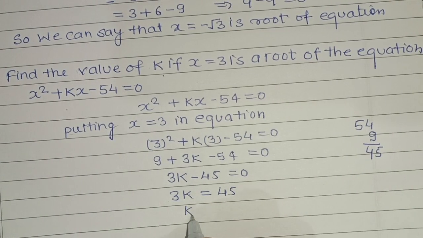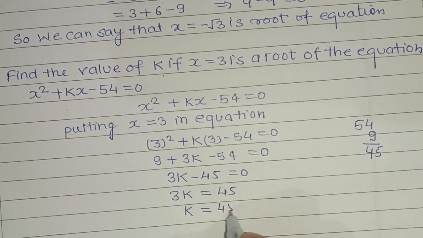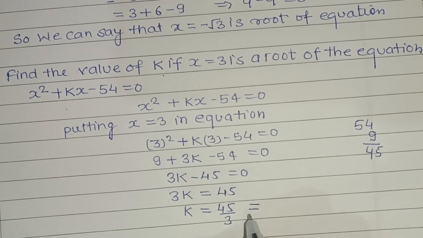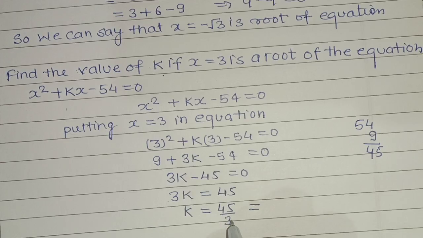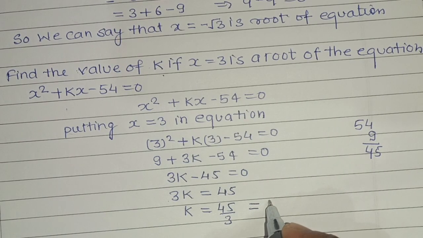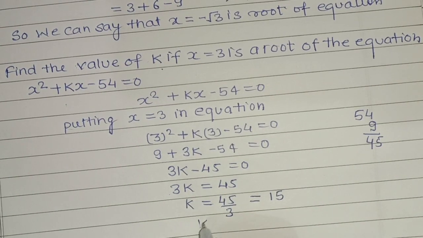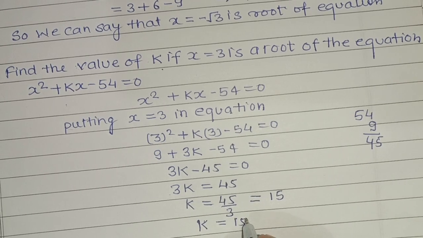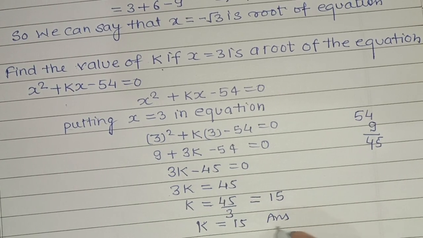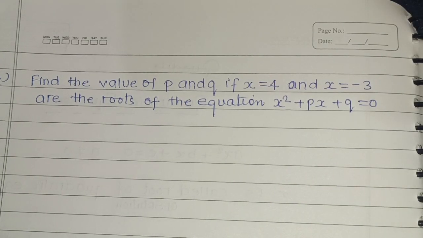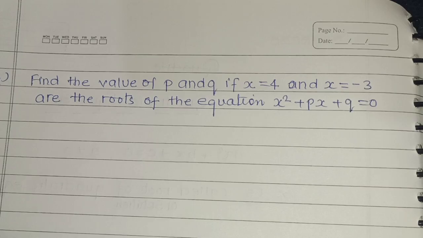So k is equal to 45 by 3. So the value of k is 15. The value of k is 15. Answer. Note down. Now let's see next question.